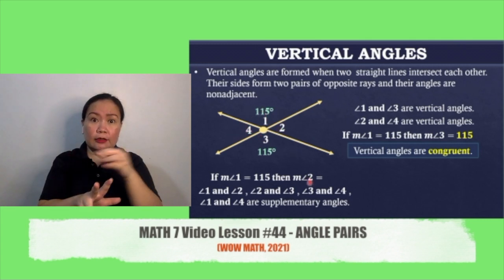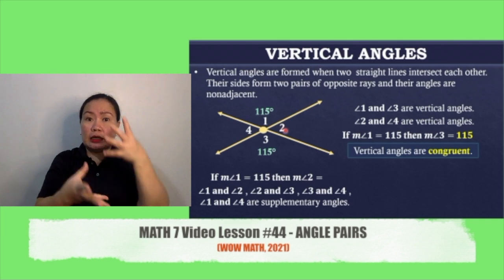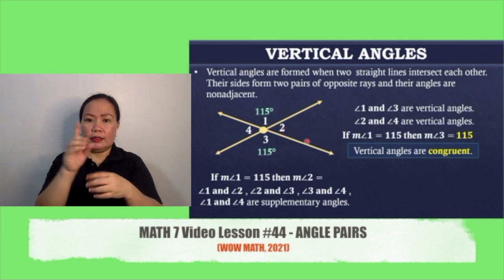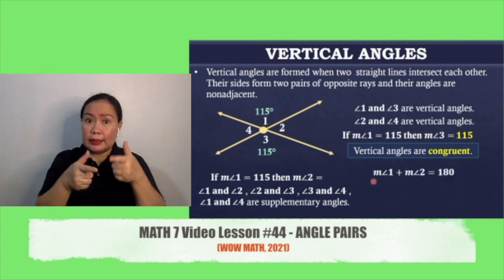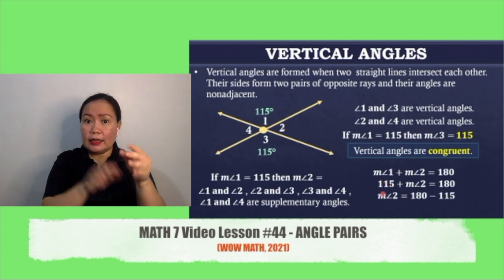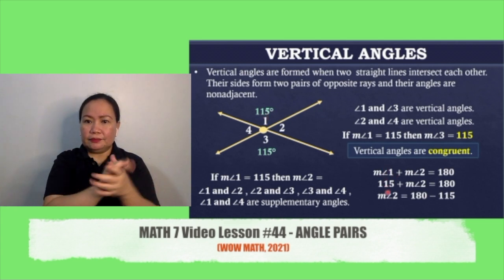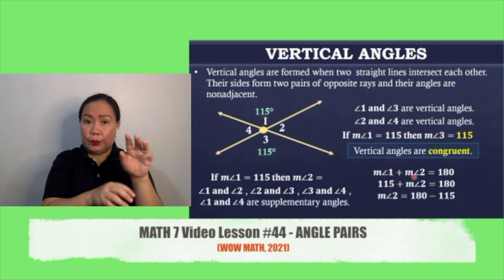Now, focus tayo dito kay angle 2. So, since si angle 1 at si angle 2 ay supplementary angles, so ibig sabihin, ang sum nila ay 180. So, ibabawas natin si 180 kay 115. Okay? So, ito yung measure ni angle 1, which is 115. So, measure ni angle 2. Okay?